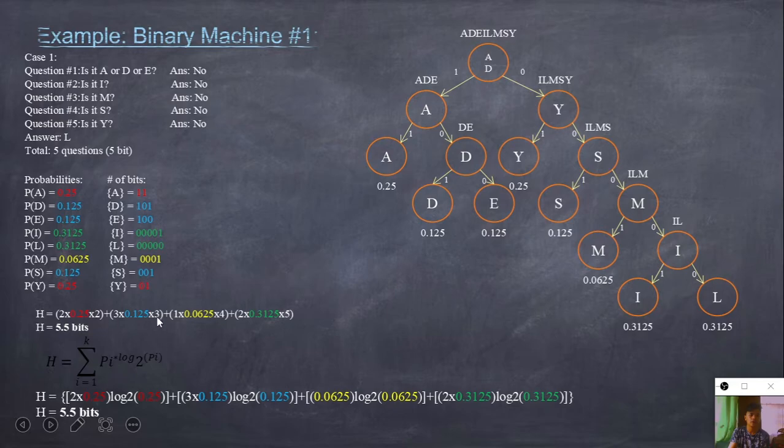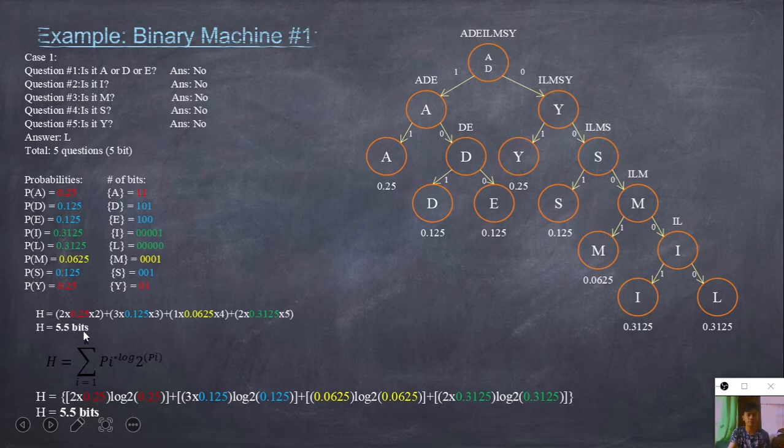So the same process as we look at its values: 2 times 0.25 times 2 plus 3 times 0.125 times 3 plus 1 times 0.0625 times 4 plus 2 times 0.3125 times 5. So the answer is 5.5 in this equation, or 5.5 bits.